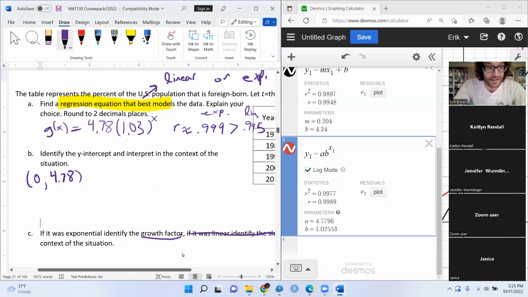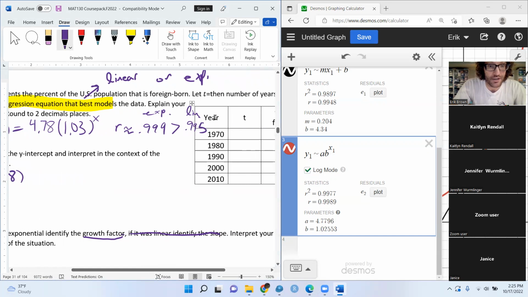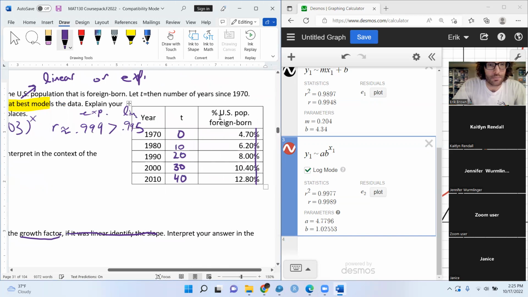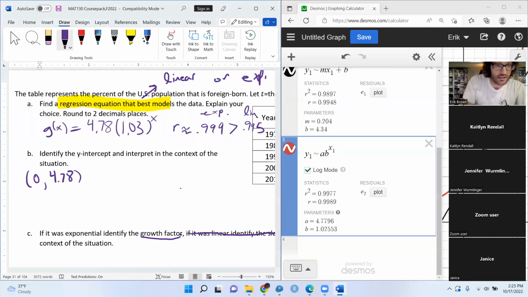Now the context here, we have to read the prompt or look at the table. This is years since 1970, because we did 0, 10, 20, 30, and 40. And the Y value is the percent of the US population that is foreign born. So what this number is, it's in 1970, and maybe this would help our interpretation.